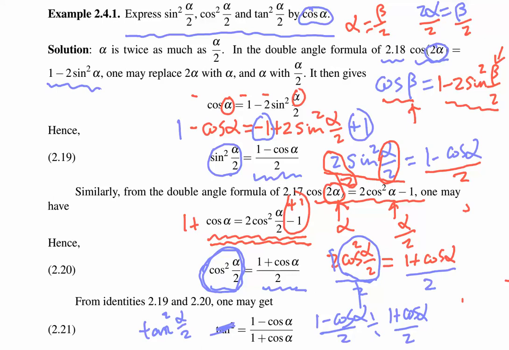This one divided by that one. Flip the second one: you have 1 minus cosine alpha over 2 times 2 over 1 plus cosine alpha. Cancel these 2. Then you have 1 minus cosine alpha here, and downstairs is 1 plus cosine alpha right here. So that will be the half angle formula for tangent. All right. I'll see you next time.